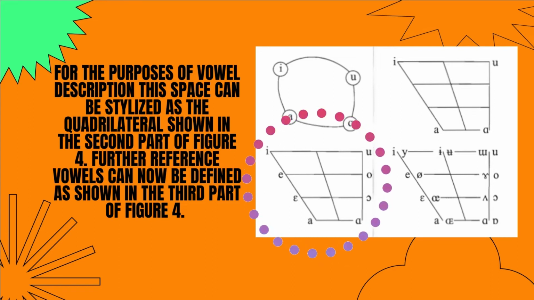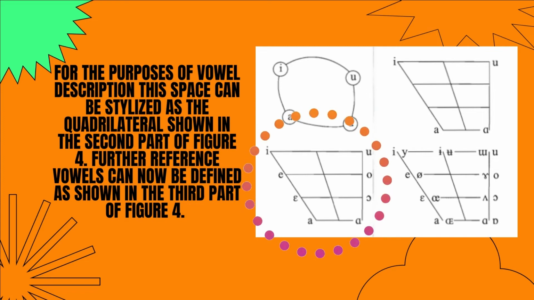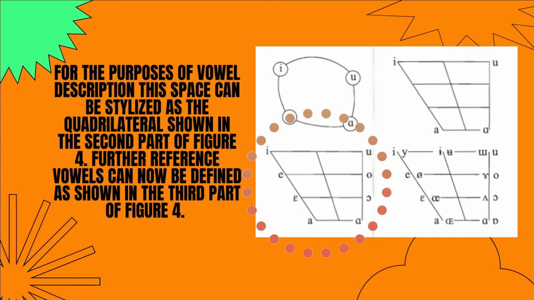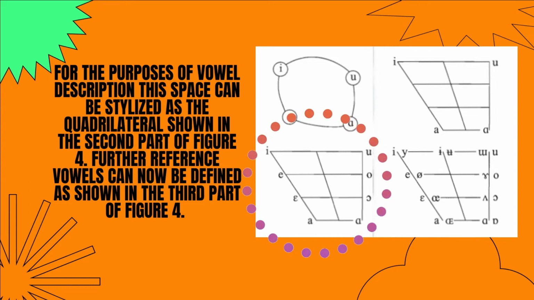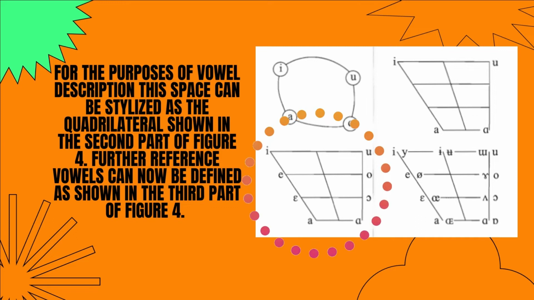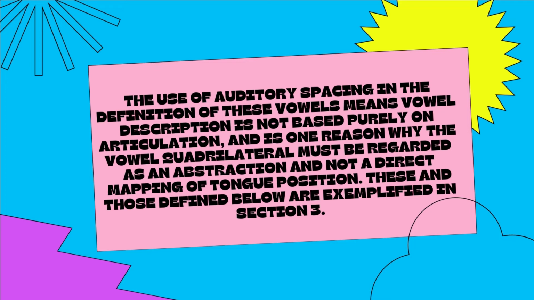Specifically, two fully front vowels, E and E, are defined between I and A, so that the differences between each vowel and the next in the series are auditorily equal, and similarly, two fully back vowels, O and O, are defined to give equidistant steps between A and U. The use of auditory spacing in the definition of these vowels means vowel description is not based purely on articulation, and is one reason why the vowel quadrilateral must be regarded as an abstraction and not a direct mapping of tongue position.